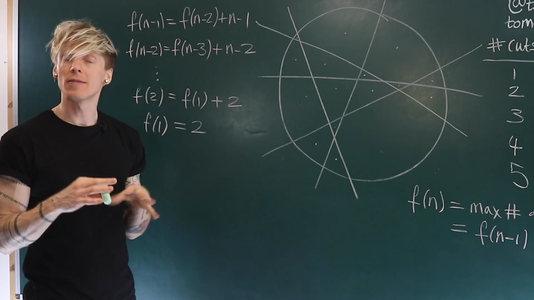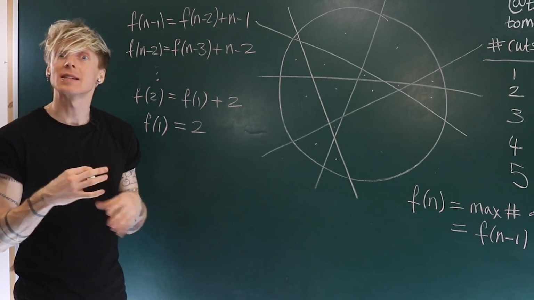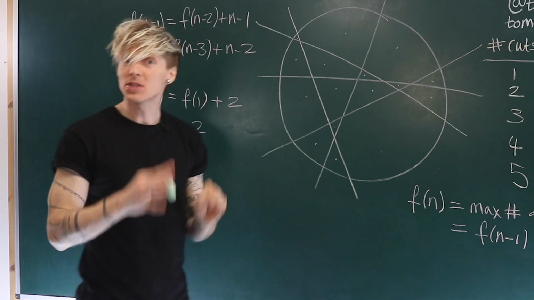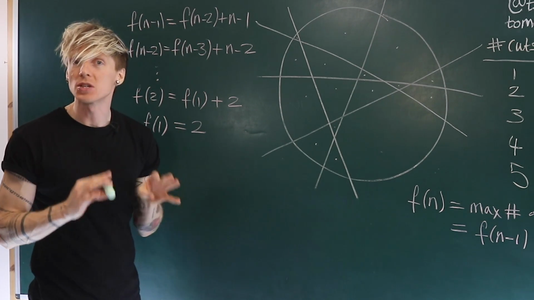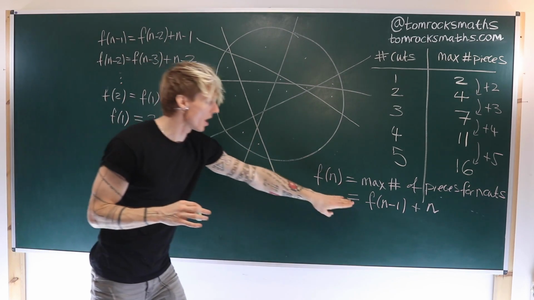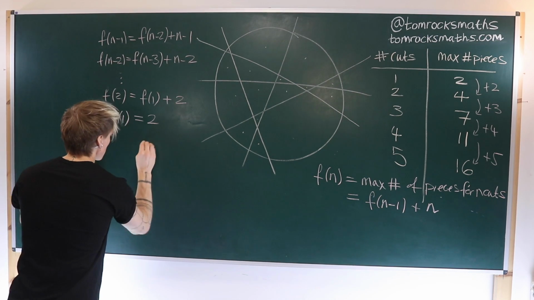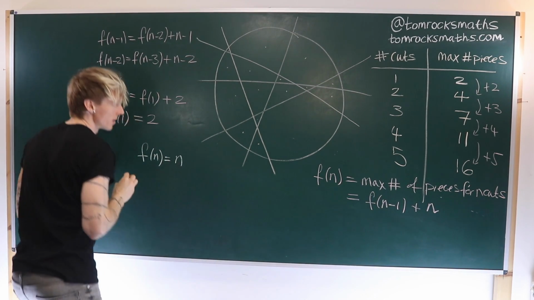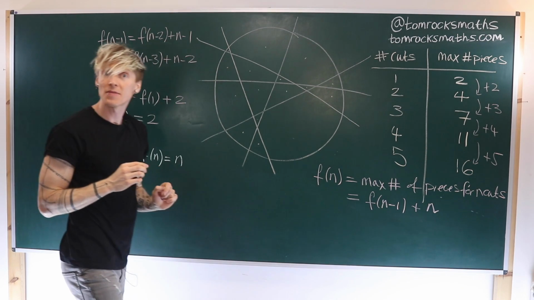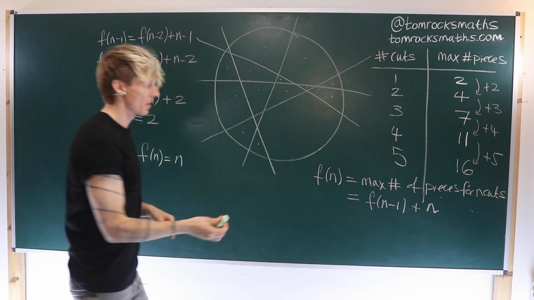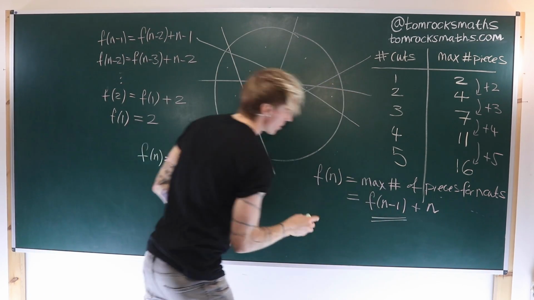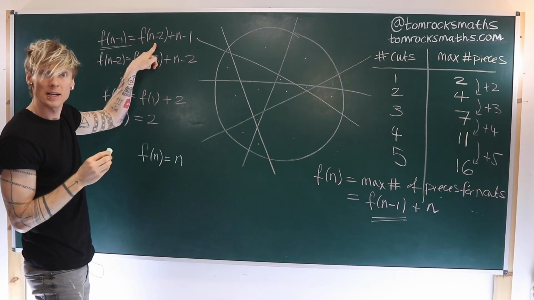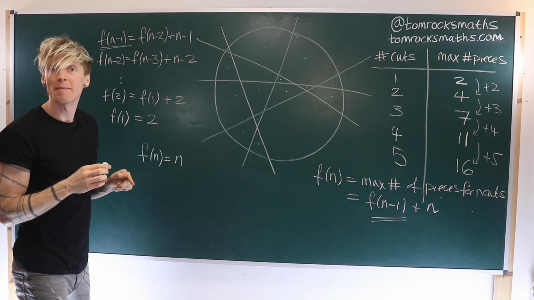We actually now have all of the information we need to get our explicit formula for f of n, and we do this using backwards substitution. So if I start with this formula, we know that f of n is equal to n plus f of n minus 1. But f of n minus 1, we know that's equal to f of n minus 2 plus n minus 1.